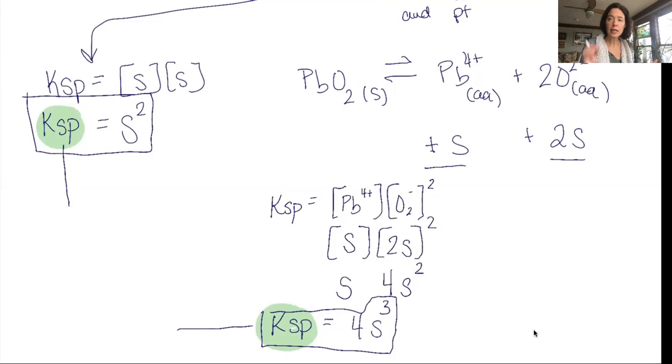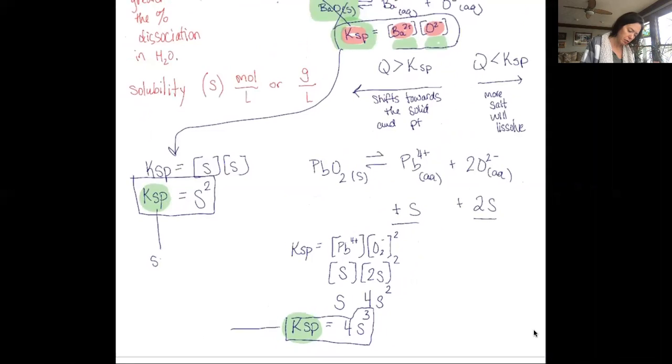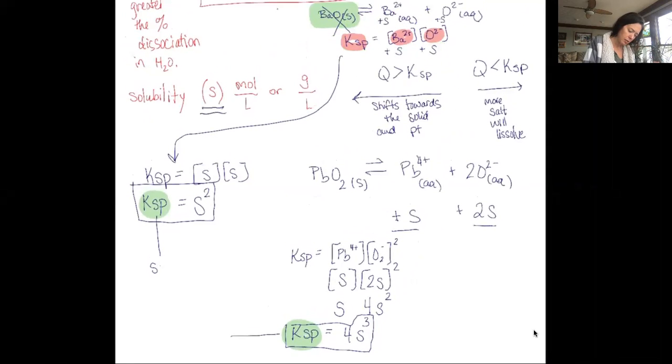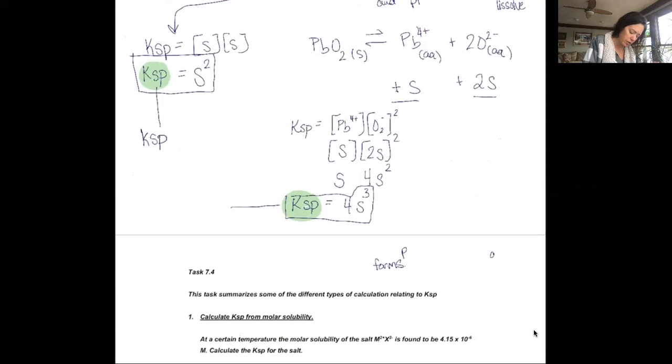S equals molar solubility. We wrote it down. Ksp values cannot predict relative molar solubilities unless the ratio of cation to anion is the same.